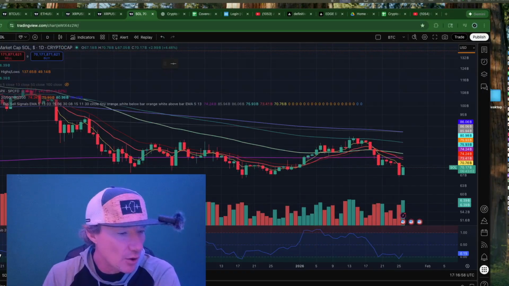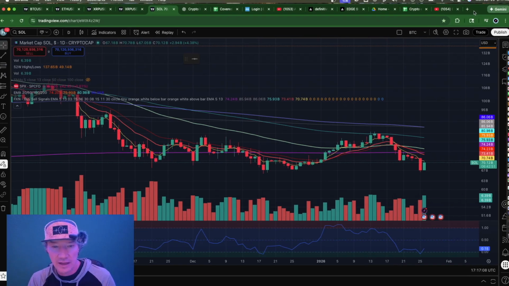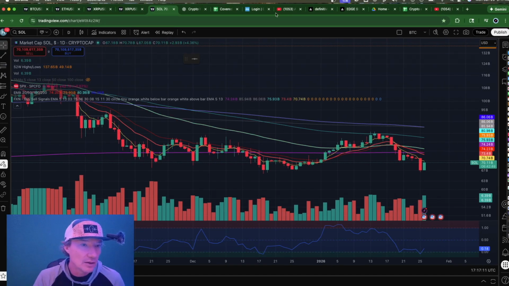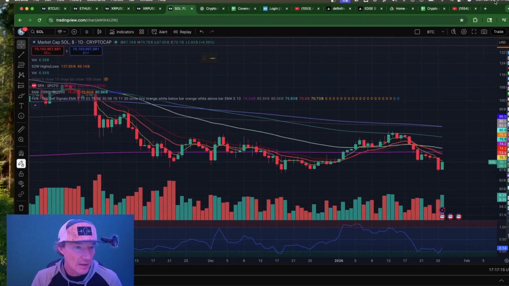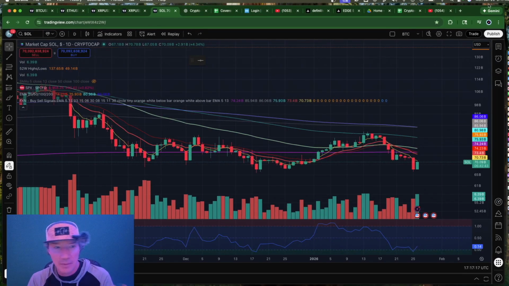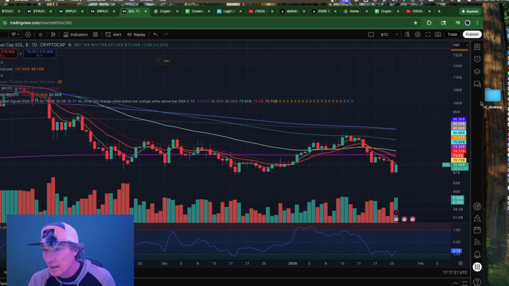Now, I'm just going to show you in this chart real quick. It doesn't matter what crypto or stock you're looking at, it's just a chart. I just happen to have Solana up because it was a clear slate where I was able to remove all of the lines that I had, because if you look at all the stuff I had drawn on here, it was confusing.